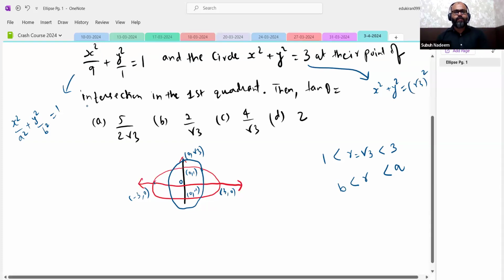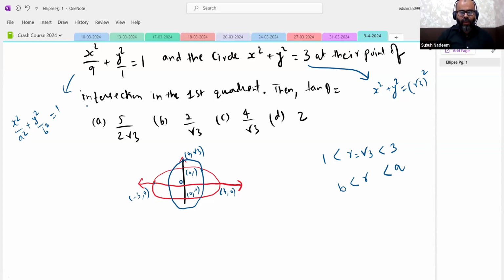In that case, the circle is intersecting the ellipse like this. It is above the minor axis and to the left of the vertex on the major axis. So this point here is the point of intersection in the first quadrant.